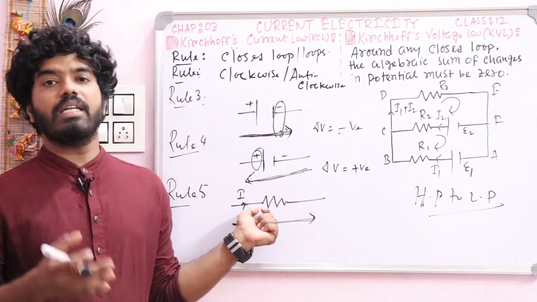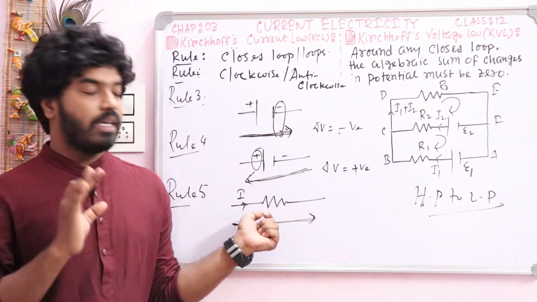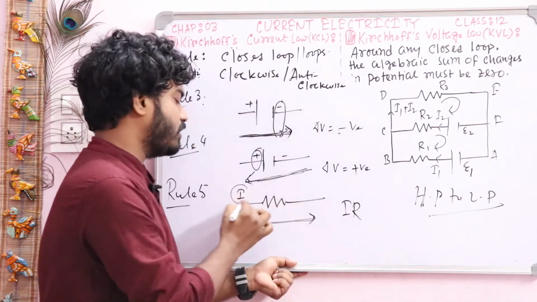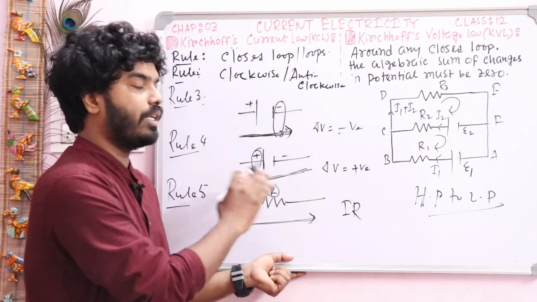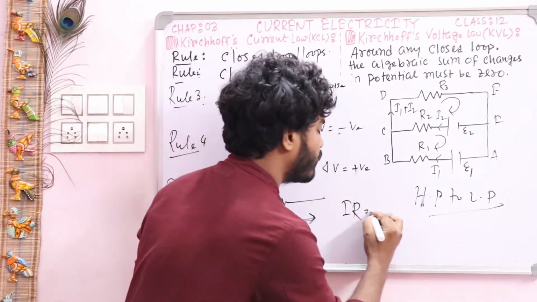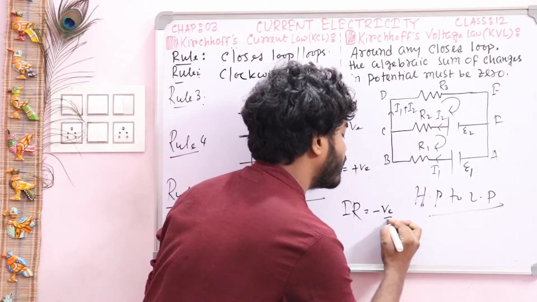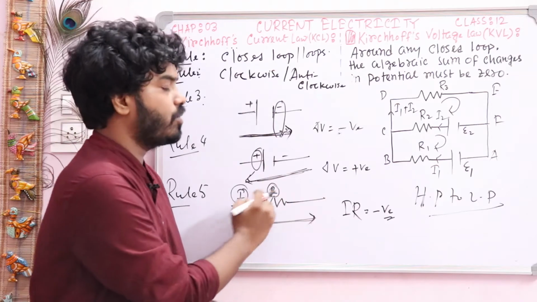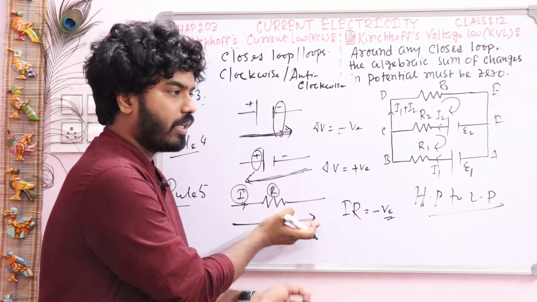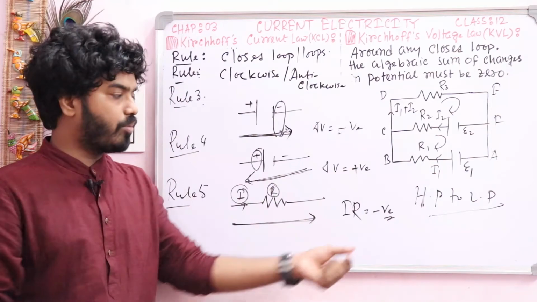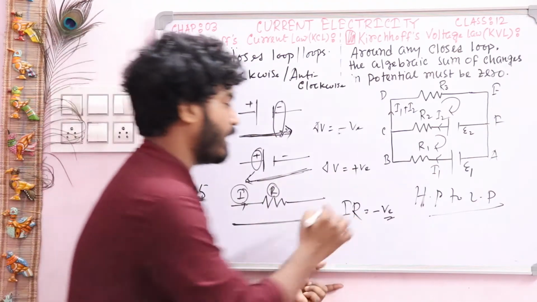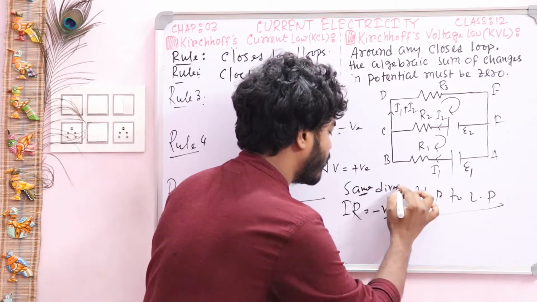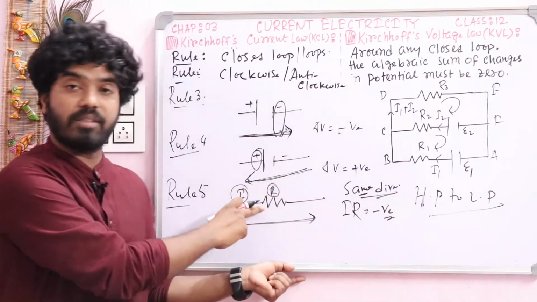When they are the same, the potential change is current into resistance, I into R, and this value will be negative. Same concept: current flows from higher to lower, and you are moving in this way, so there is a decrease in potential, that's why it is negative. For the same direction you have to consider negative, and this is applicable for resistance.